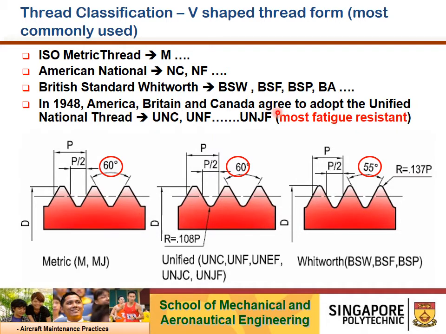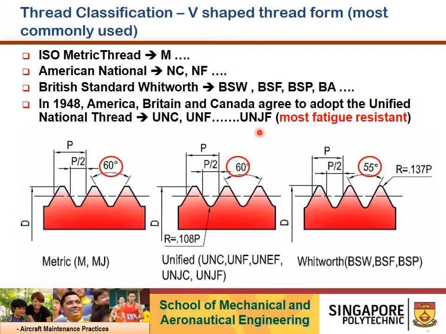In 1968, America, Britain, and Canada agreed to adopt the Unified National Thread (UNC-UNF) as a common thread for manufacturing. Do take note that the thread angle for metric and Unified National Thread is 60 degrees, while Whitworth, the British standard, utilizes 55 degrees.